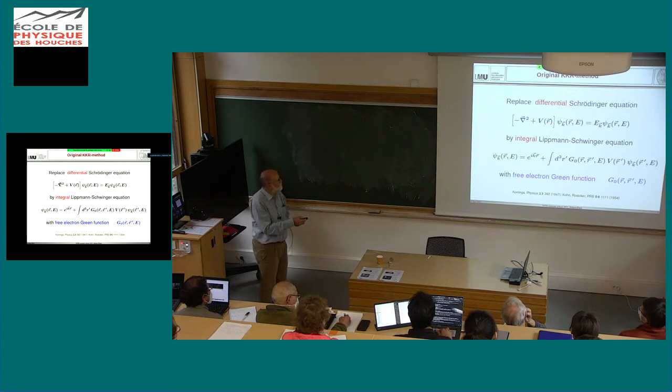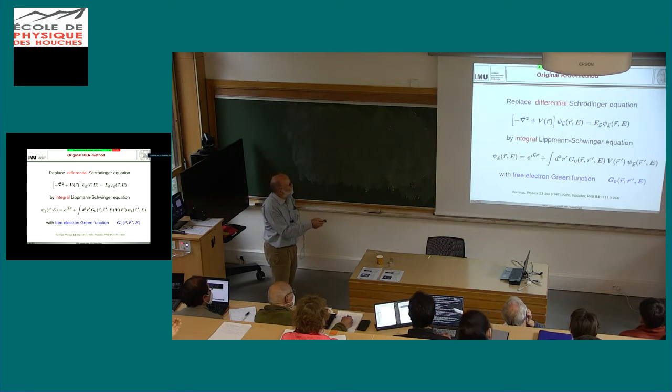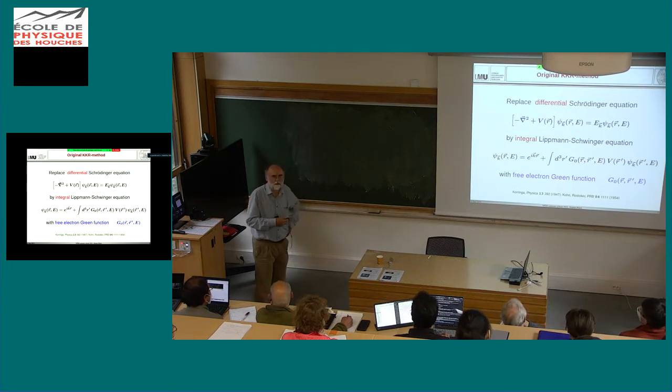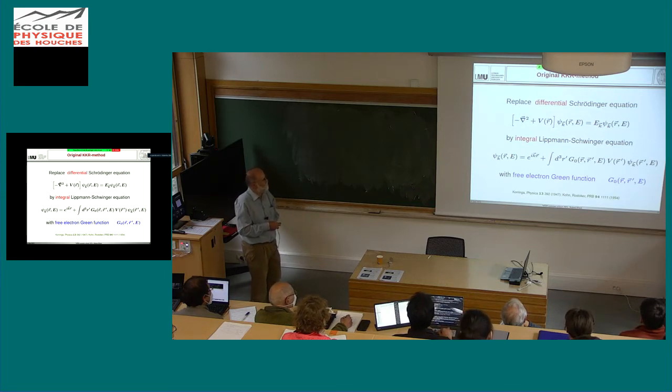And you can easily identify or see with these various functions showing up here and potential being identical to here, that if you plug in that solution up here, then you also get the proper solution to the Schrödinger equation. That means it's really an alternative to work with the Lippmann-Schwinger equation instead of working with a differential Schrödinger equation.